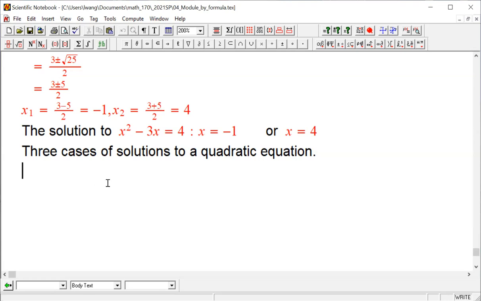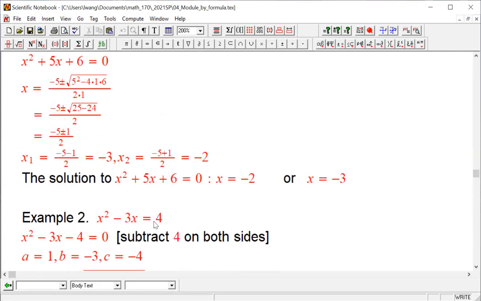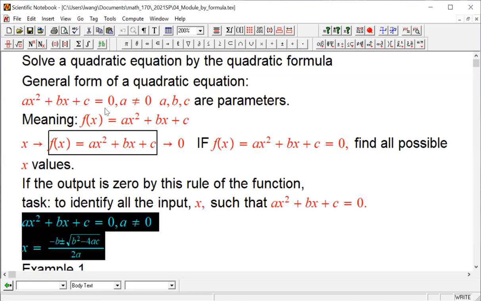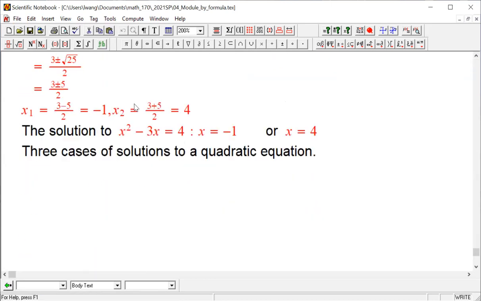Okay, and these 3 cases are determined by something in the square root. I'm going to bring this formula over here. Because you see we have b squared minus 4ac, right? When we take a square root of a number, sometimes we may have b squared minus 4ac positive.